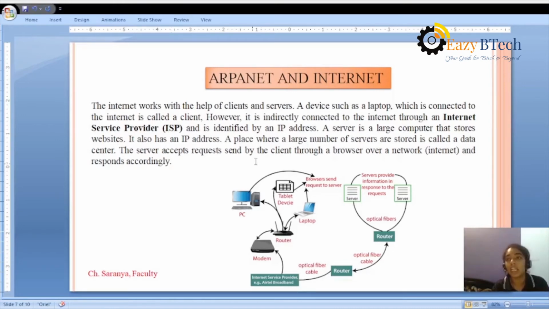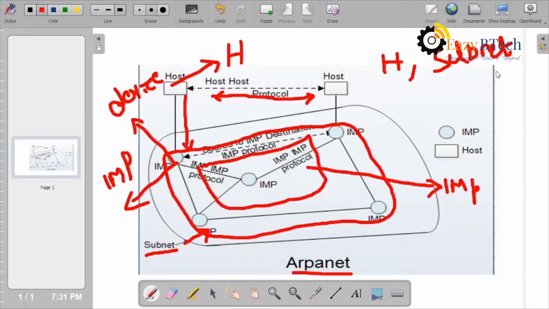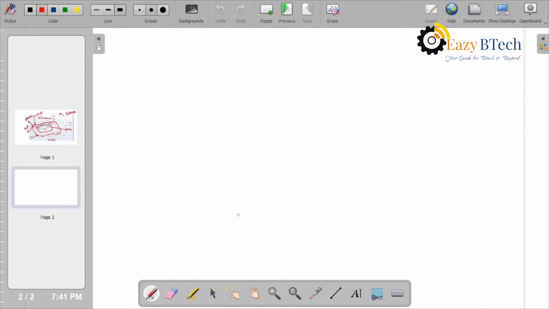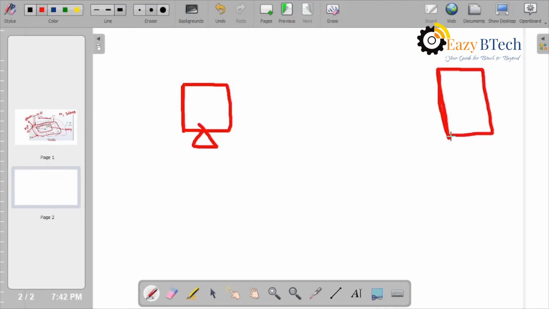Let us see the diagram here. I will show you how the client is indirectly connected to the server. See here, this is an actual system. These are the servers. This is a client.